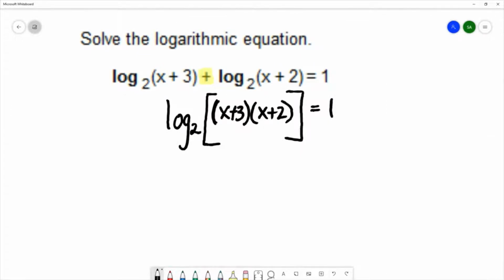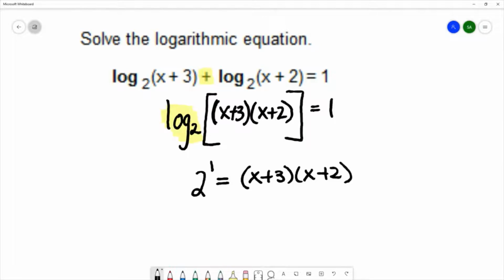And based on having a log only on one side of the equation, I'm going to use the method of converting to an exponential. I'll convert to an exponential using the base of 2, the exponent of 1, and this expression will equal what's inside the log.